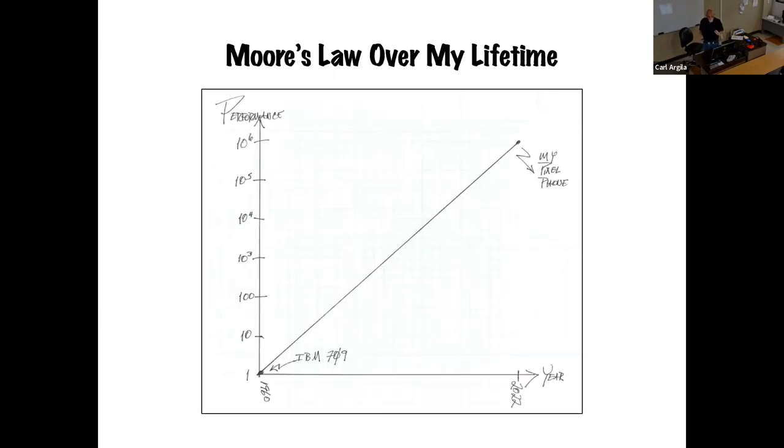Most of you are familiar with Moore's Law. Over my lifetime it is represented by this logarithmic graph, starting about the year 1960 with the IBM 709 computer, to my Pixel phone that I can hold in the palm of my hand today.